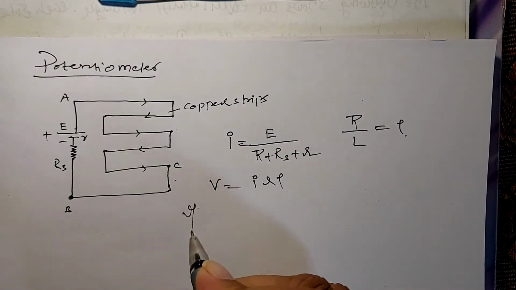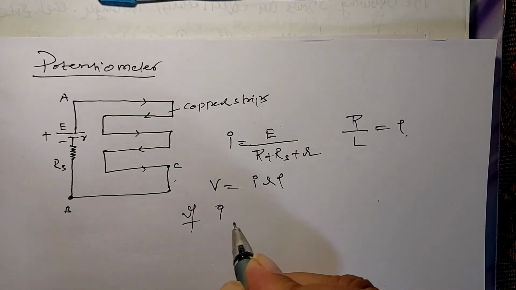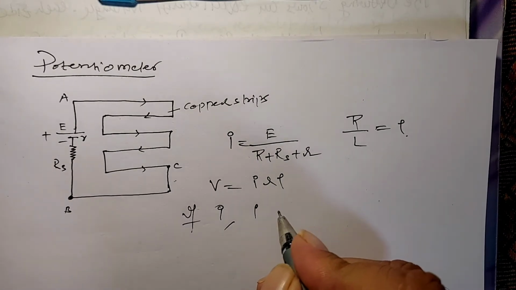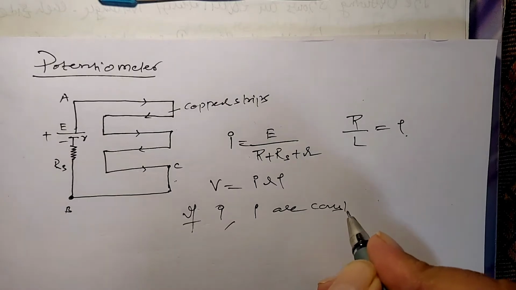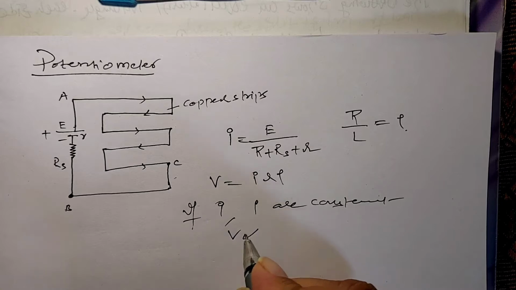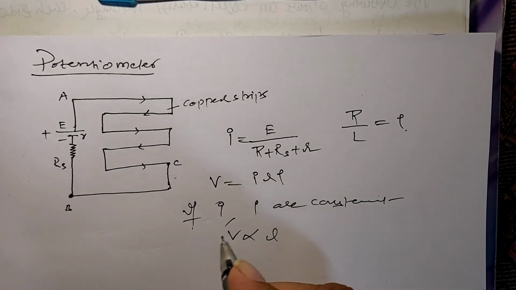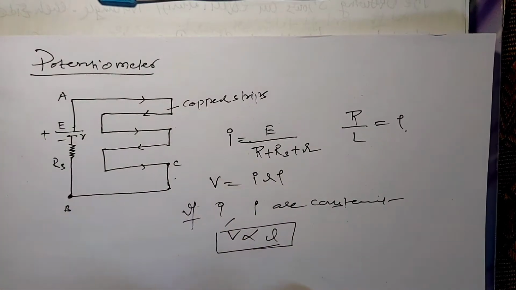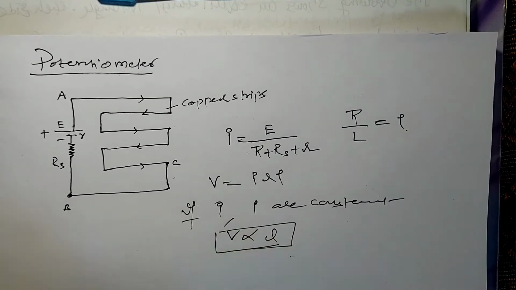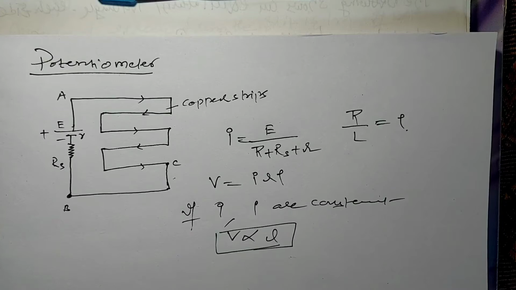Now, if the current I flowing through the circuit and the resistance per unit length are constant, then V is proportional to l. This is the relationship between the potential difference between two points and the length between them, and this is the principle of the potentiometer.